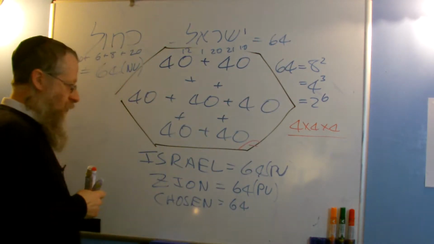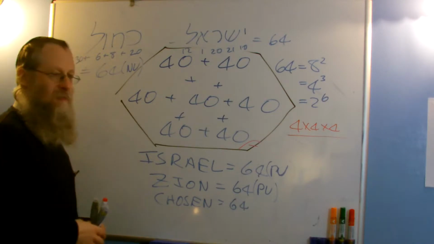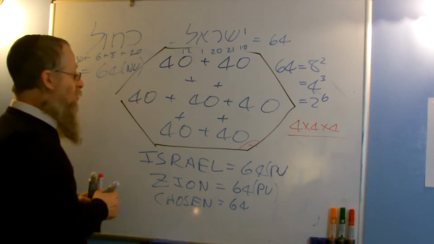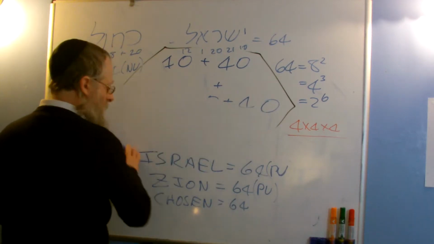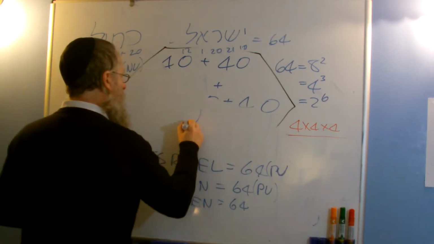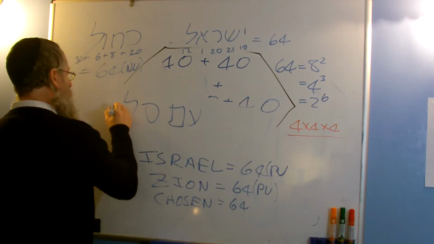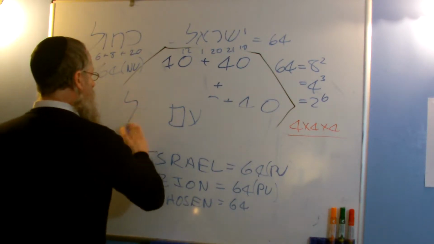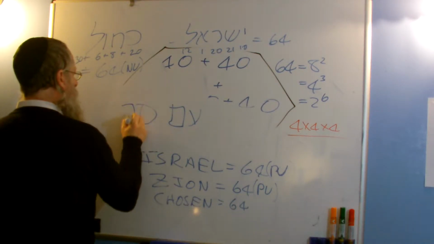They're all 64. In fact, in Hebrew, the word chosen, the choice people the Torah talks about, is Am Segulah. That's also 64. Segulah. Oops, missed out Gimel. Segulah.